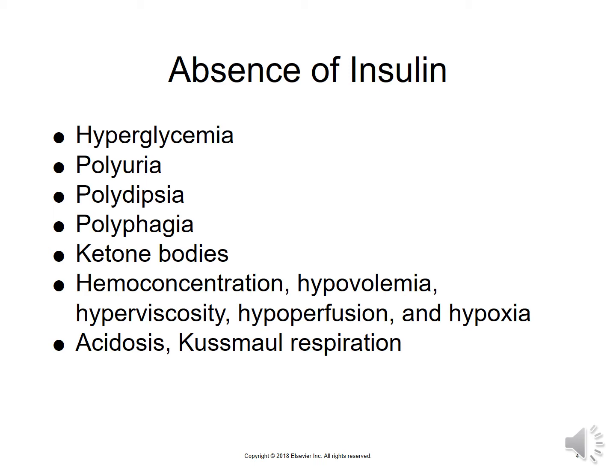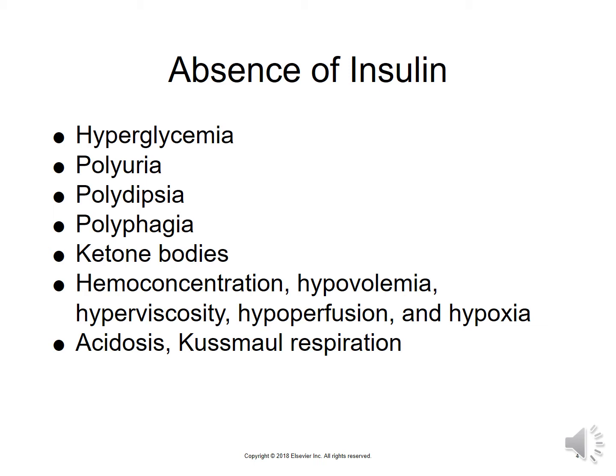So insulin stimulates glucose uptake, which promotes the storage of glycogen. And overall, insulin keeps blood glucose levels from becoming too high and helps keep blood lipid levels in the normal range.